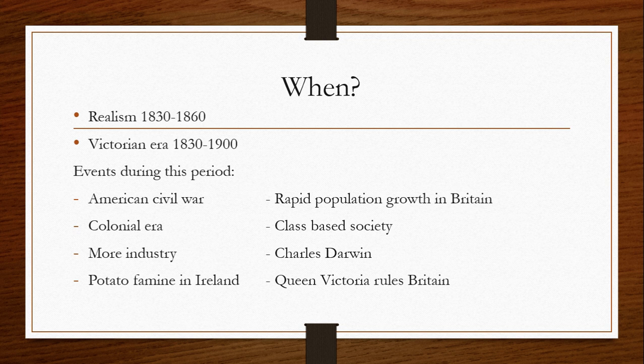There we go. Alright, so we have a rapid population growth in Great Britain, not only England but also Scotland and Wales and Ireland, of course. Rapid population growth is often caused by people having money and some form of stability in their lives. Because when people have stability and money to feed themselves, they tend to make babies, and that's what happens.